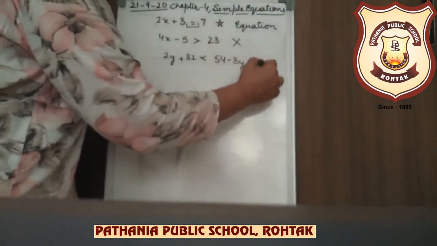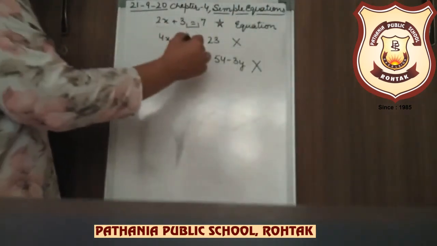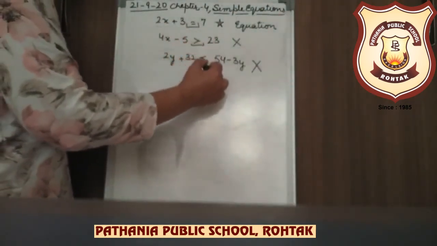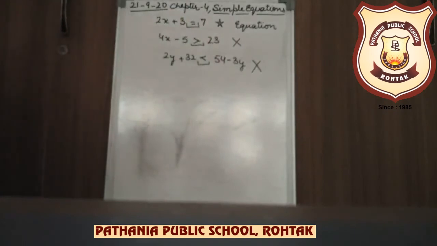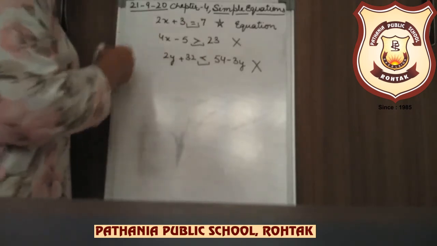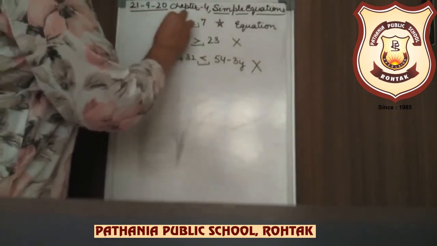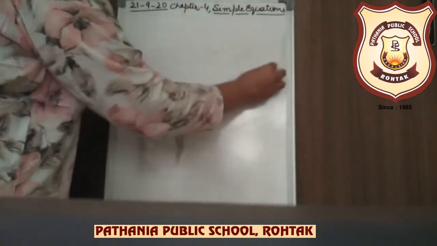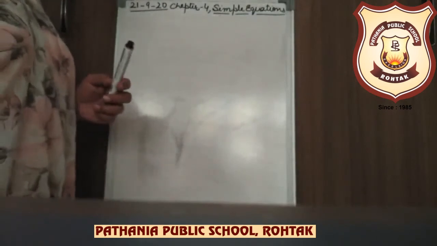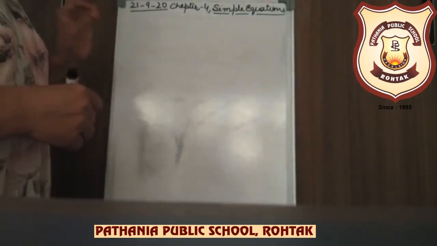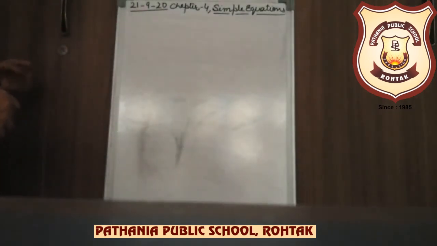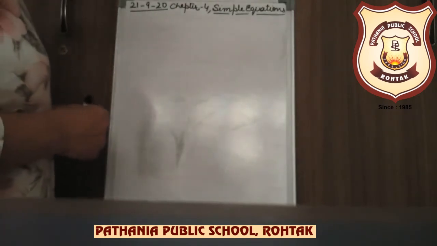These two are not the equations because here the sign is greater than and smaller than. Is this clear? So a question can come, identify which are the algebraic equations and which are not. Where only the sign of equality is there, it is an equation, otherwise it is not an equation.